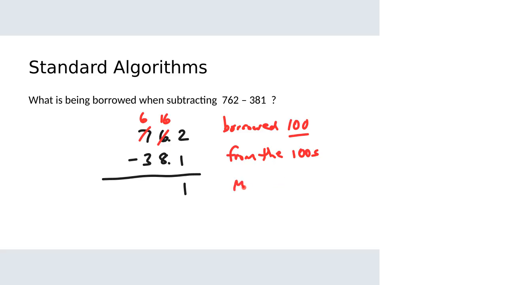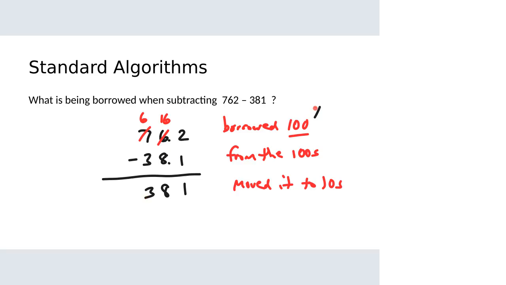I moved it to the tens column. So I borrowed 100 and moved that over to the tens column. Now we might as well finish this since we're this far along. 16 minus 8 is 8. 6 minus 3 is 3. And we end up with our answer here.